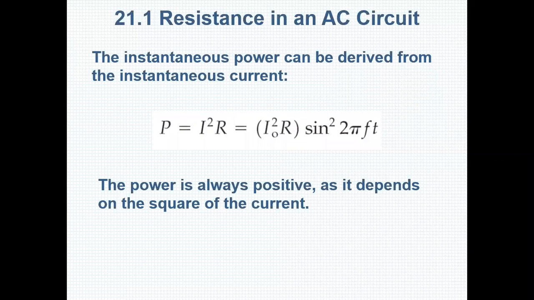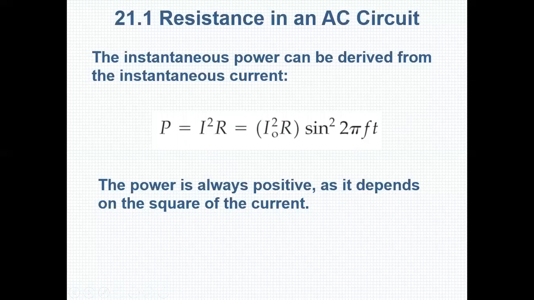So how can I calculate power? The instantaneous power can be calculated by using the instantaneous current. Instantaneous means the current at a particular instant, right? This is the same expression of power as in a DC circuit. Power is equal to the square of the current multiplied by resistance.